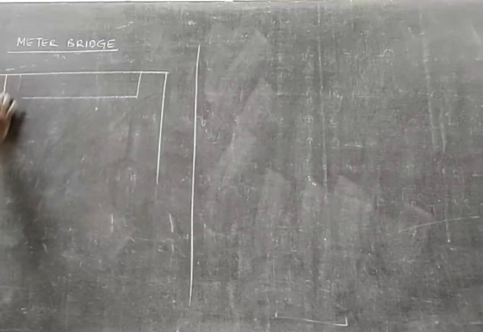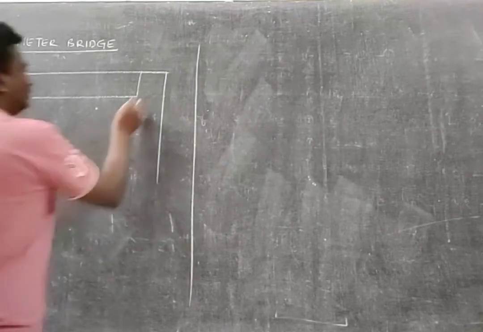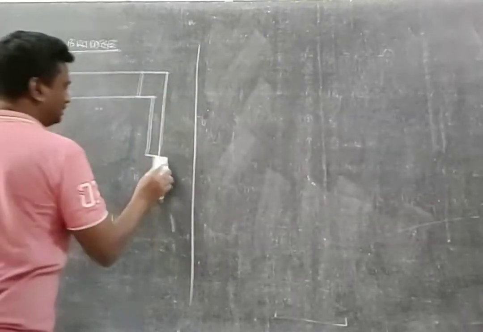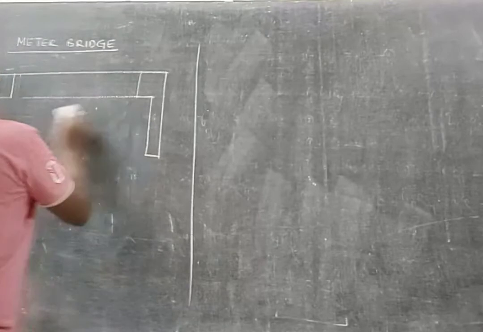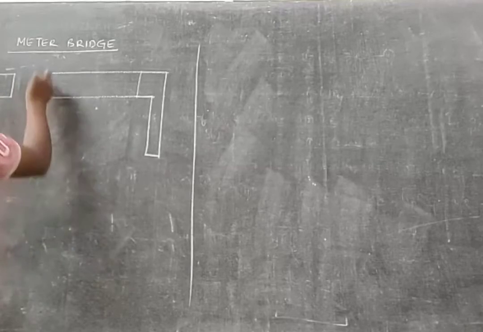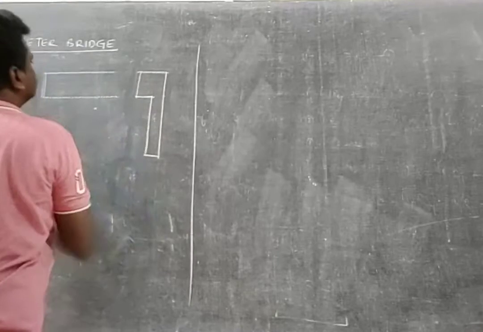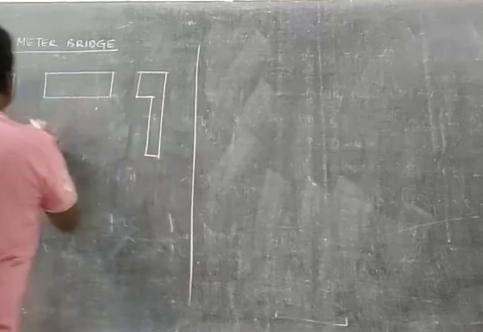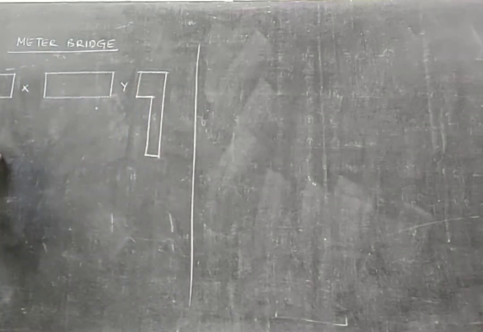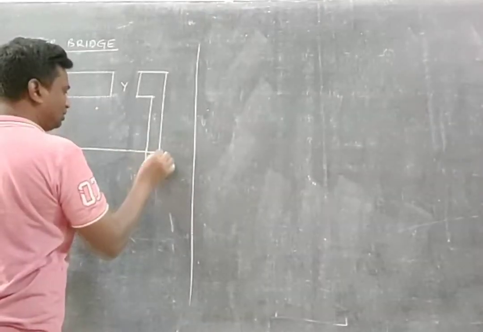Two conducting plates like this, connected with a steel Nichrome wire, and two gaps X and Y. So this is gap X and this is gap Y. And these two conducting plates are connected to a steel Nichrome wire.